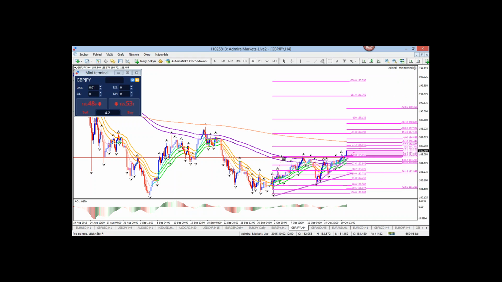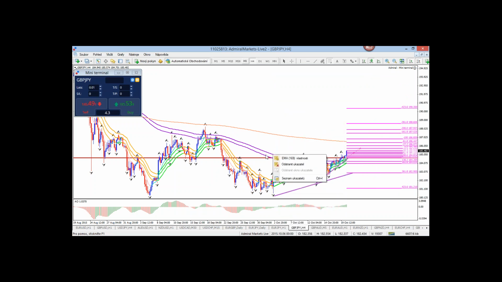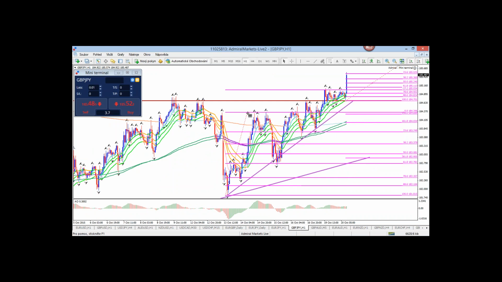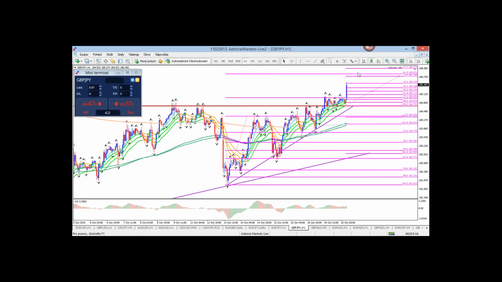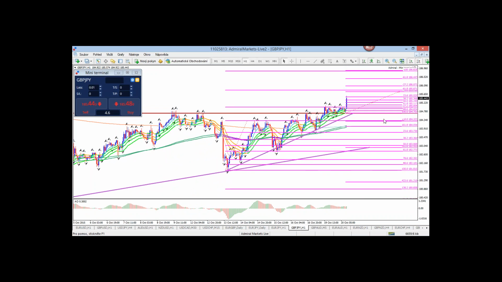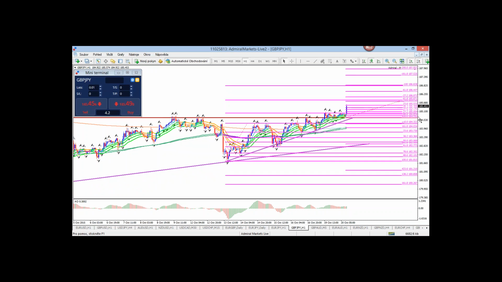Let's see, the target 186 for the moment, which is the minus 272 target. 186 I think is a decent level, but it could exceed that because pound yen does move a lot and could easily break through and continue, especially if it's on a roll. After that, it would be 186.75 probably.